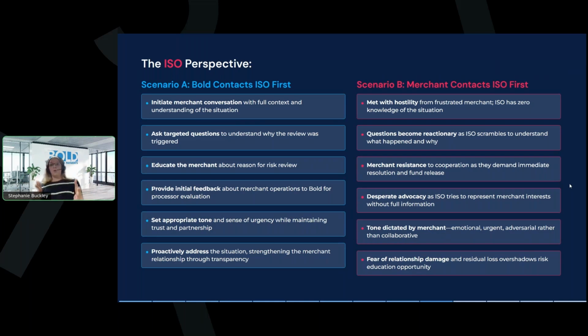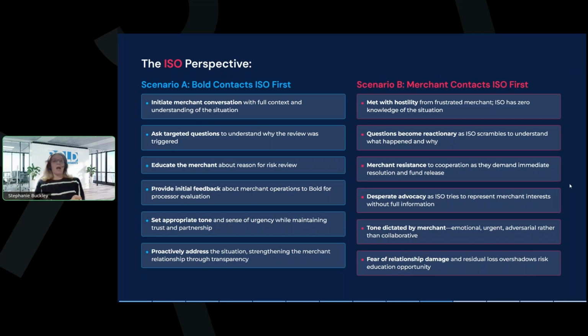So with bold, we are here to make sure that we're talking to it with risk and that we're providing you the information. So when you hear from us, you actually have the time to set the tone of the conversation with the merchant. Ask as many questions to us as you can so that when you go to explain this to the merchant, you have the information. You have the ability to educate them quickly.